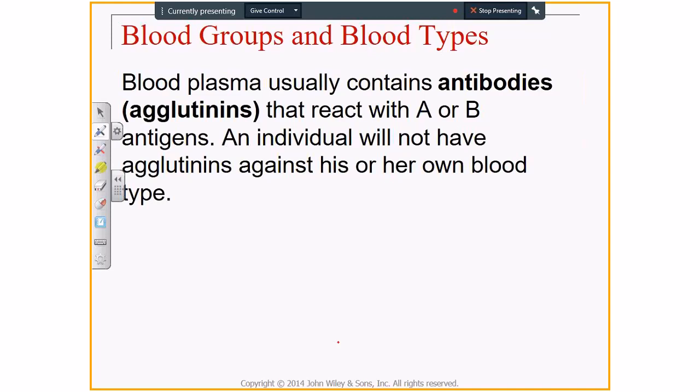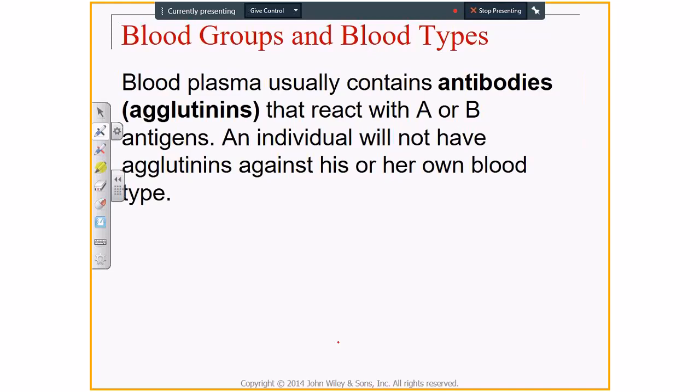Because we have that protein or antigen on the outside of those red blood cells, our blood plasma, the liquid portion of your blood, will contain antibodies that are going to react with A or B antigens. You are not going to have the antibody against your own blood type.